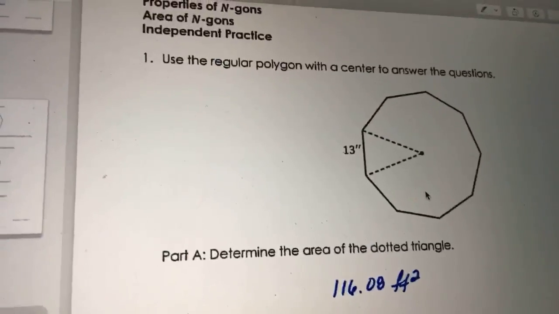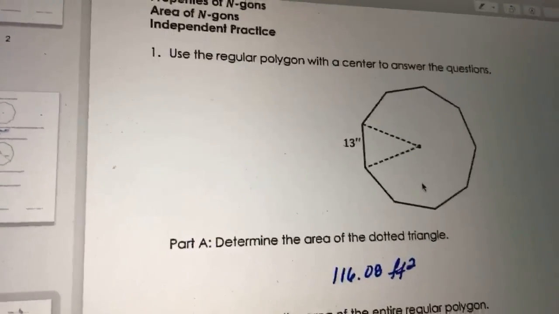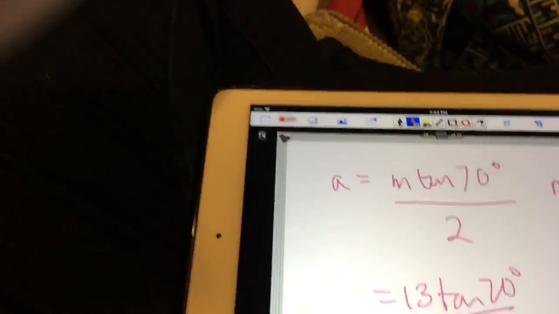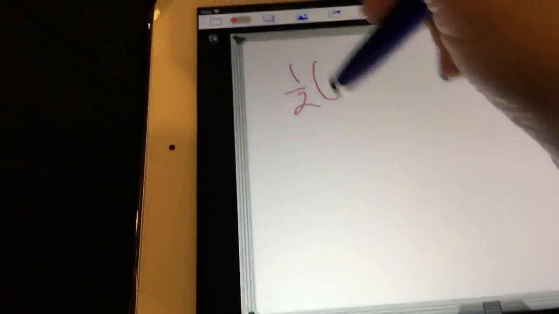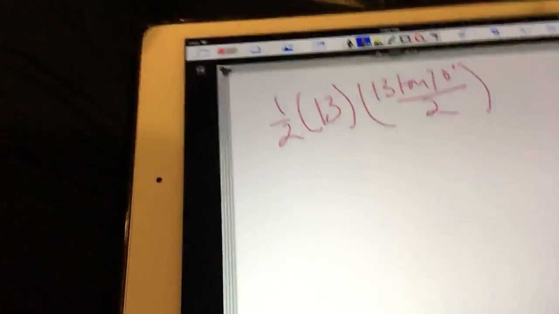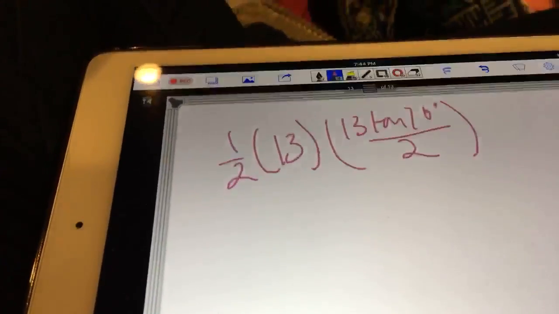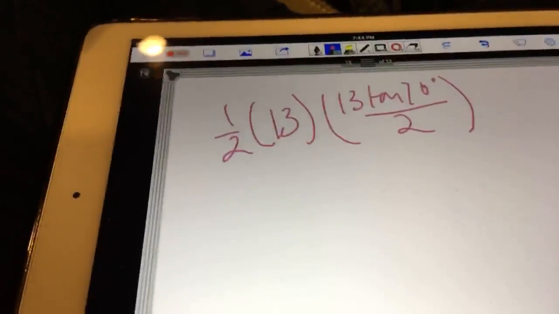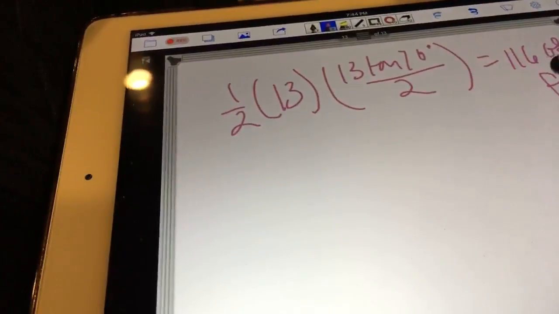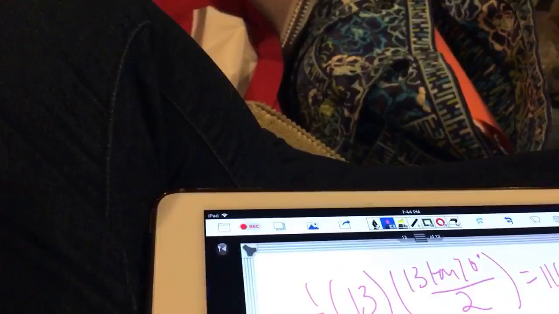And isn't the apothem going to be the height of the triangle? So that tells us that the area is going to be 1/2 times 13 times 13 tangent 70 over 2. We would put that in the calculator, get the area, and round it to 2 decimal places. You would get 116.08 square inches.